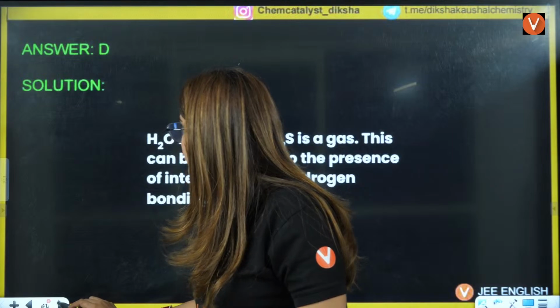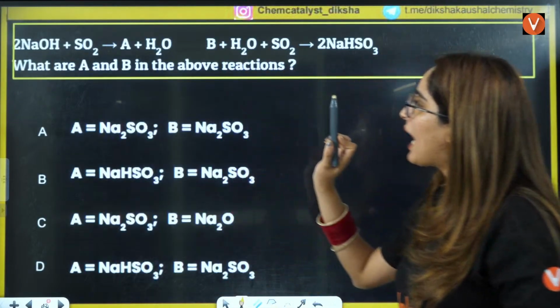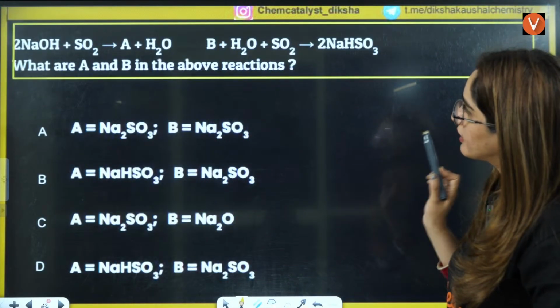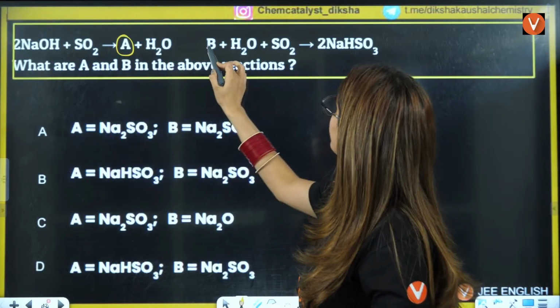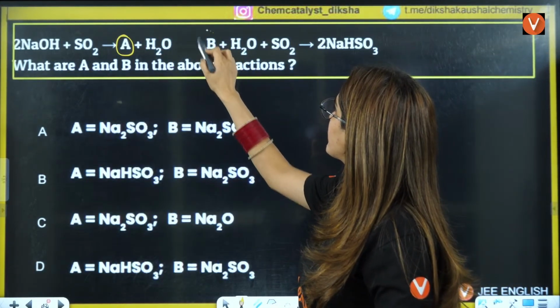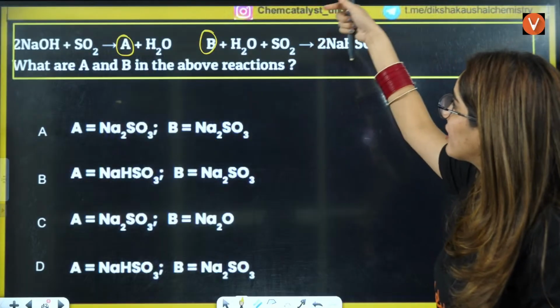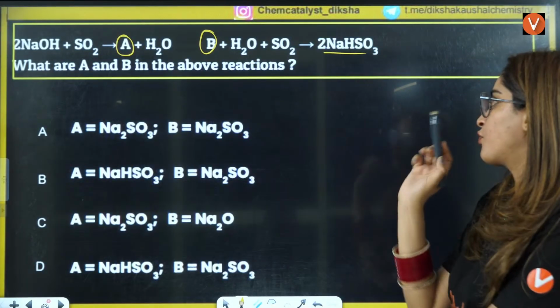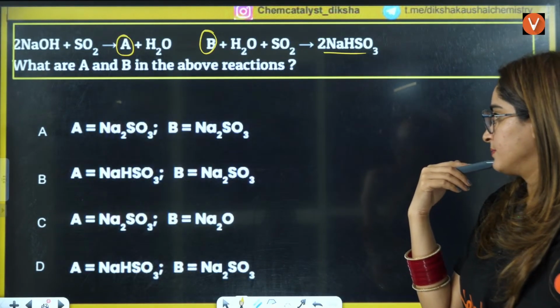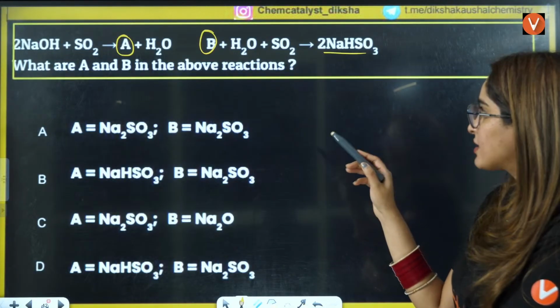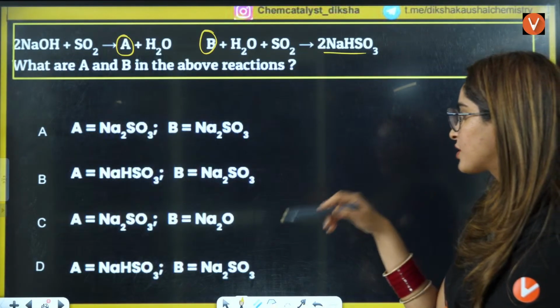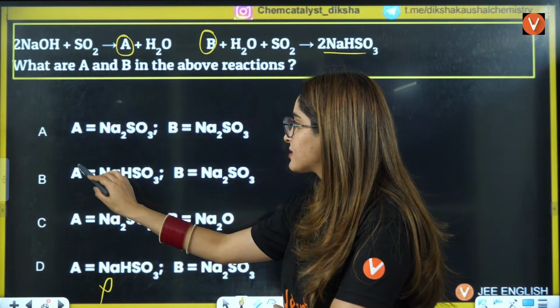Now, next one, you have NaOH, SO2, giving A plus H2O, then some B, which reacts with water and SO2 to give NaHSO3. First, NaHSO4 is not possible, so this is eliminated, this is eliminated.